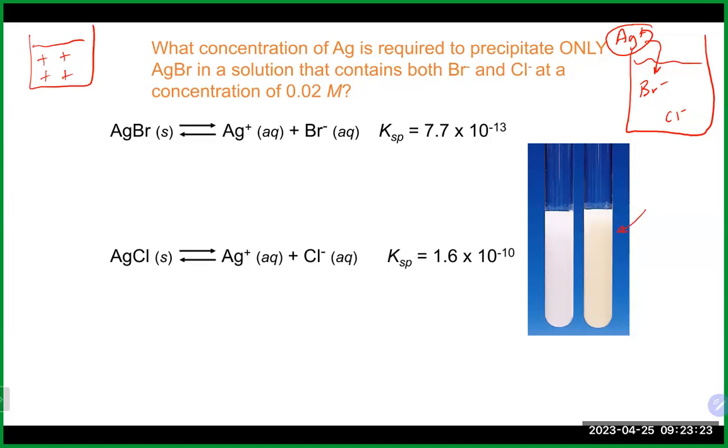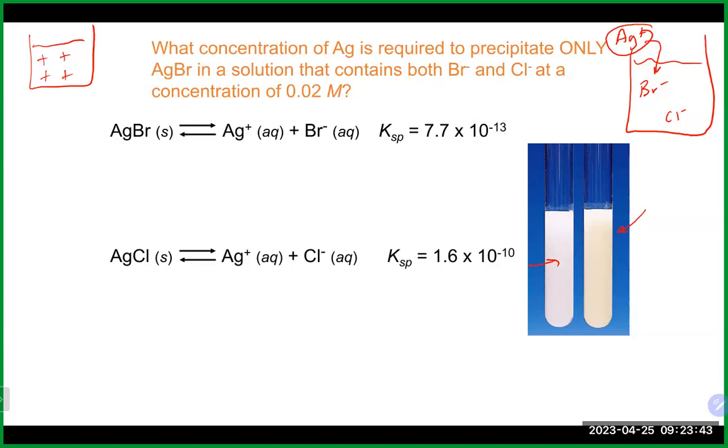They're basically the same looking solid. So if you wanted to take out silver chloride versus silver bromide, and you just randomly added silver to it, you would have no way to go, I think this white solid is the silver chloride, I think this white solid is the silver bromide.